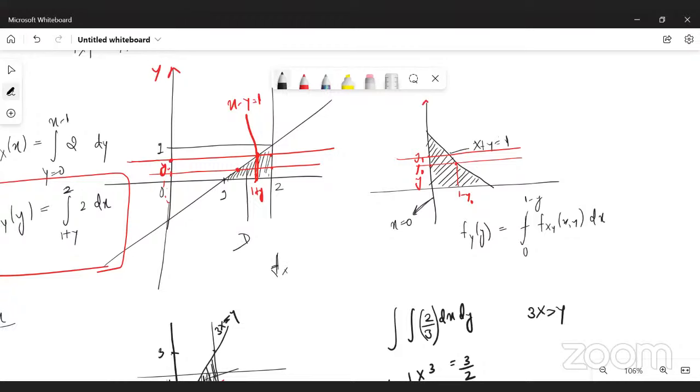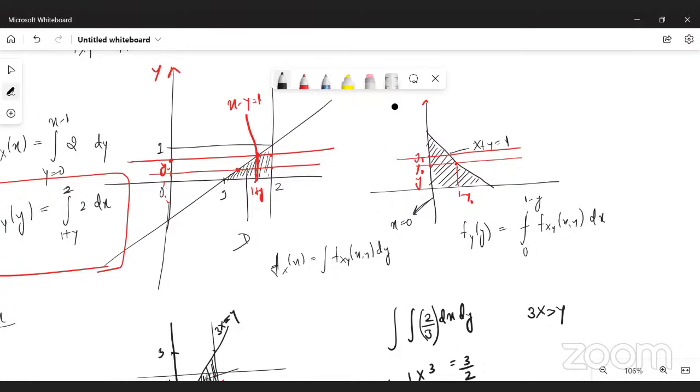Now this is going to be fxy xy dy. So in this case, what will you have to do? You will have to fix your x and vary your y. Yes.